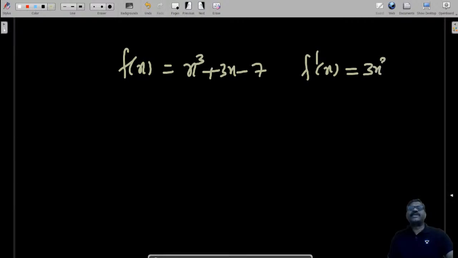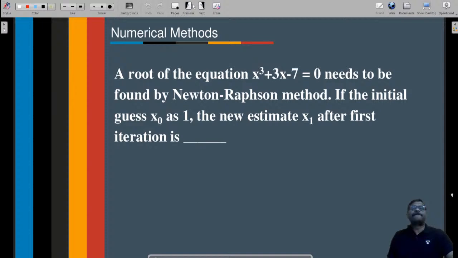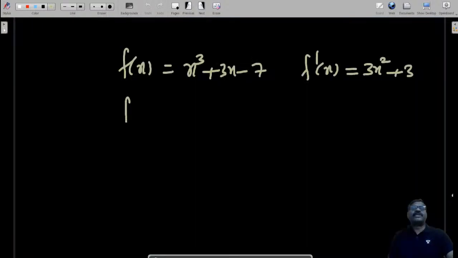F dash x is 3x square plus 3. Now f of 1 is 1 plus 3, 4, 4 minus 7, minus 3. F dash of 1 is 3 plus 3, 6.